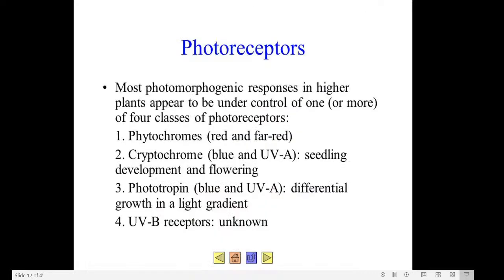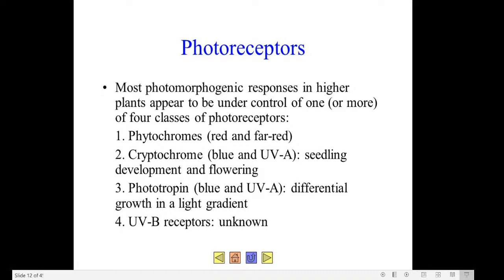Okay, photoreceptors. This is another concept in unit 6. These photoreceptors are of different types: phytochromes, cryptochromes, phototropins, and UV-visible receptors. Why am I mentioning phytochrome alone in the previous slides? Because it is very important compared to these other receptors.